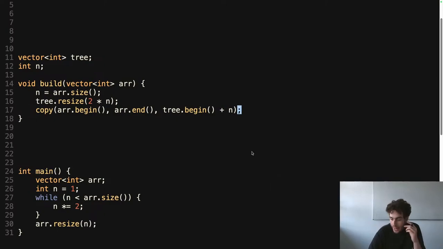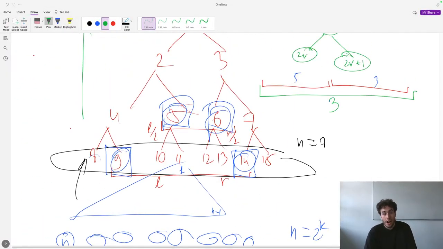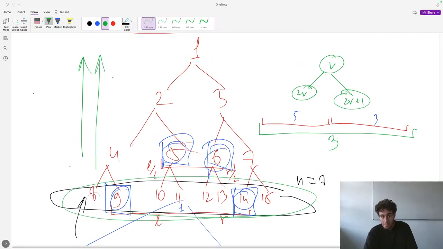Great. And now I have the values in the leaves, and now I need to go up in the tree, and for every vertex, I need to compute the value in this vertex as the minimum of the two children, right? Going bottom up in a tree, in my case, is the same as going indices in the reversed order, right? I'm just going this way, up the tree.